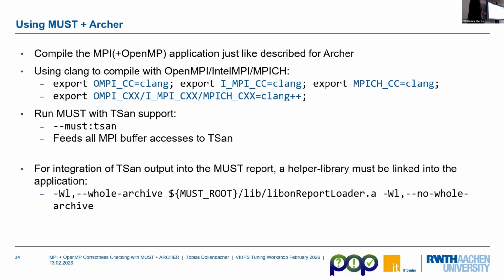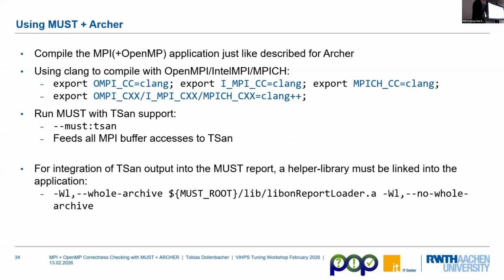And when you do those kind of steps, again, you need to make sure that your MPI compiler wrapper is actually calling some LLVM-based compiler. So you want to set for OpenMPI the OMPI_CC, or for Intel MPI the I_MPI_CC, or for MPICH it's MPICH_CC or CXX to some LLVM-based compiler.